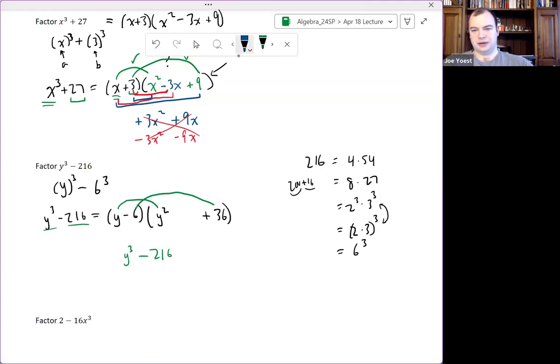But I have kind of an outside and an inside also. So I have a minus 6y squared and plus 36y. So I need to get rid of these. A minus 6y squared, I need a plus 6y squared to get rid of that. So if I did a plus 6y, that'll run into that y from the y minus 6 and give me a plus 6y squared.